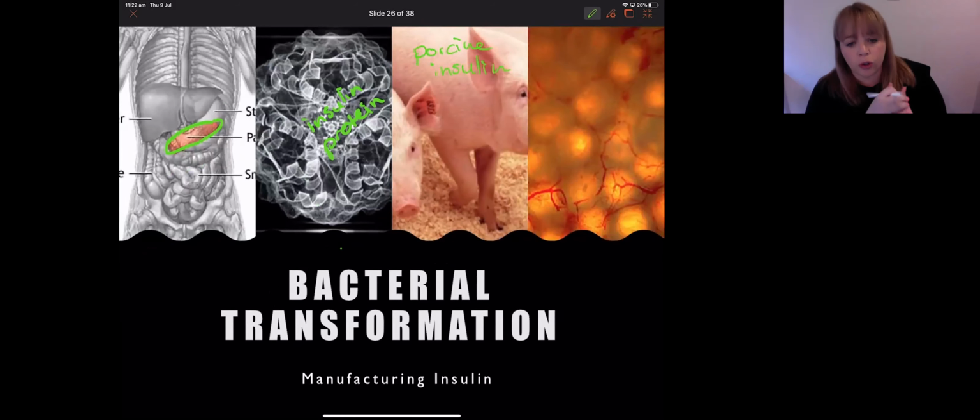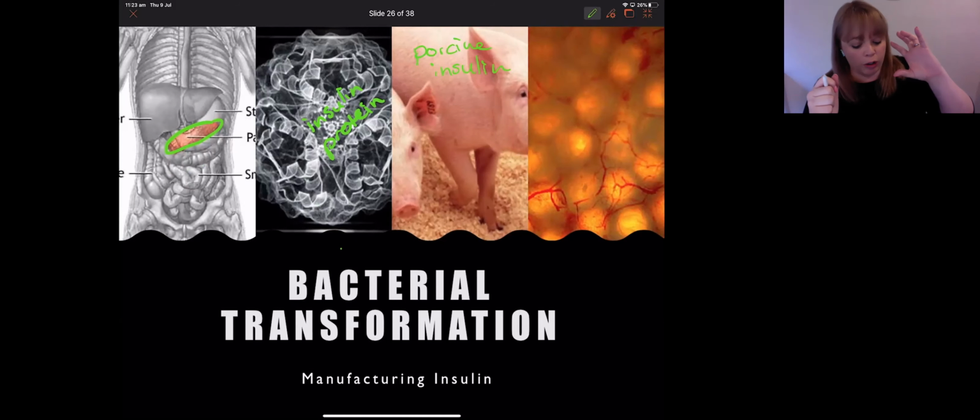So they would extract pancreases from pigs and take out the insulin and purify it and give it to diabetics so that they would be able to lower their blood sugar levels and not get any of those hyperglycemic reactions where it's not particularly great for their system.